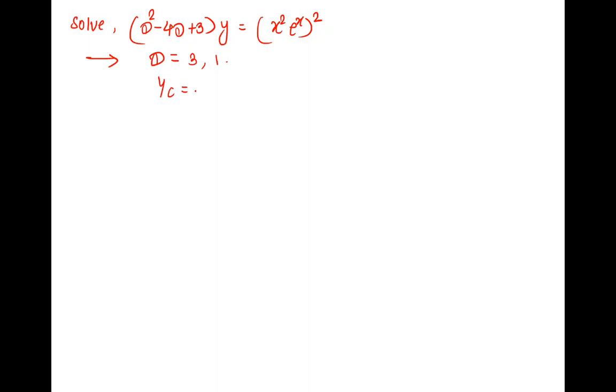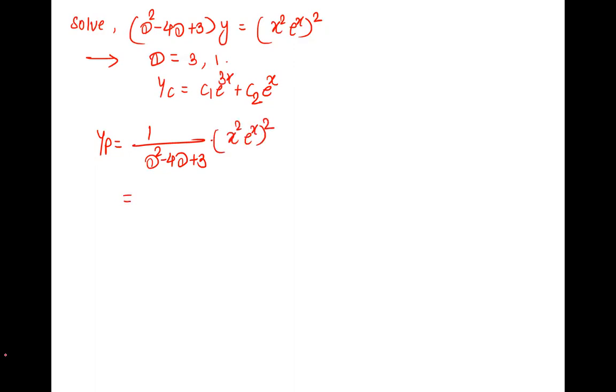Tell me yc, please. C1 e raised to 3x plus C2 e raised to x. Correct. yc is done. Now yp: 1 upon phi of d into right hand side function, x square e raised to x, bracket square. Which case is this?